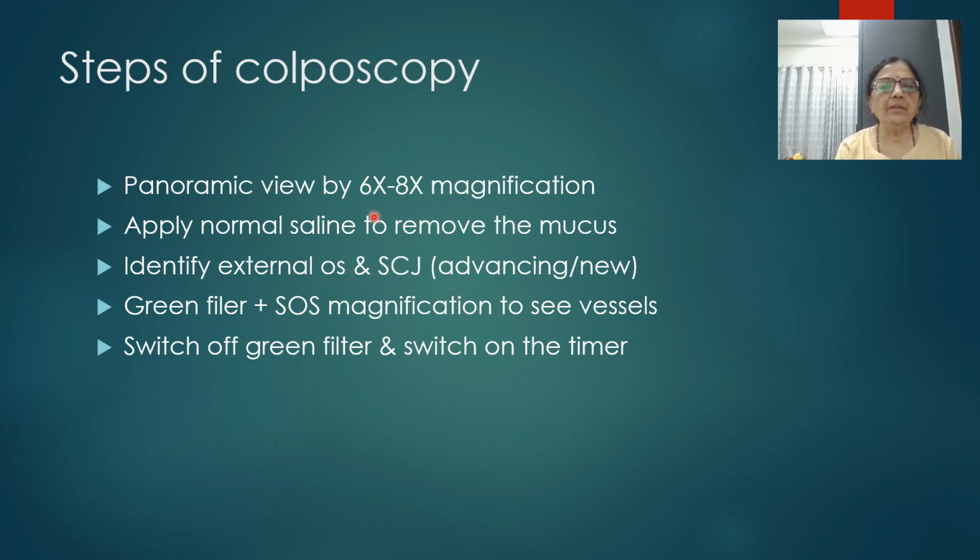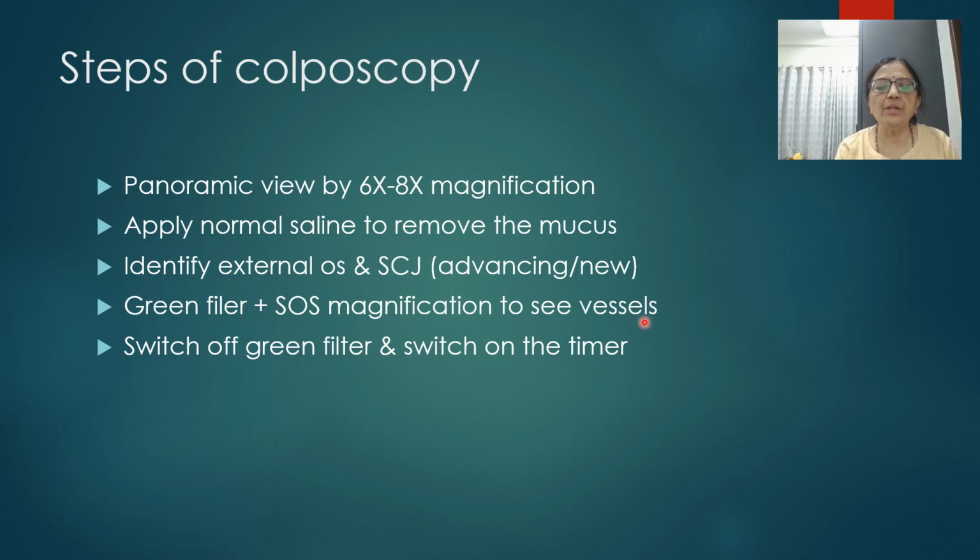After cleaning the cervix with normal saline and identifying the squamocolumnar junction, the next step is to go for the green filter and, if necessary, increase the magnification to see the vessels. Here we have to see the vascular architecture, whether it is normal or abnormal. That is another advantage of colposcopy.